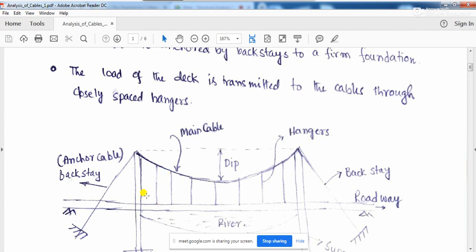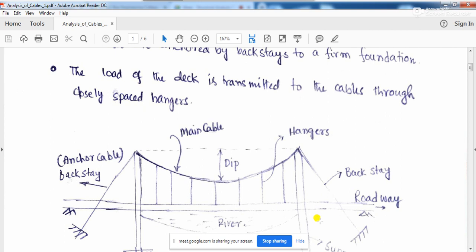These hangers are attached to this cable. So the bridge deck passes the load to the hanger, and the hanger passes this load to the cables. So finally, the load from the deck is transferred to the cables through the closely spaced hangers.